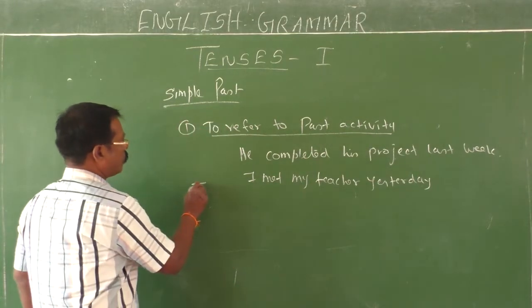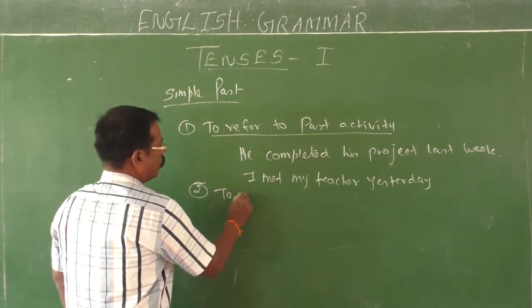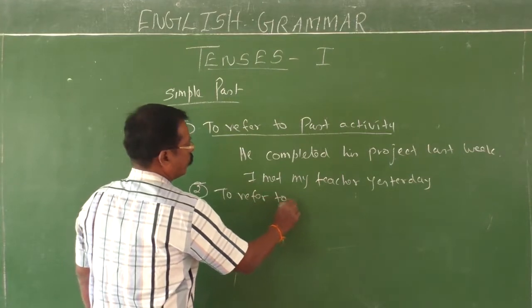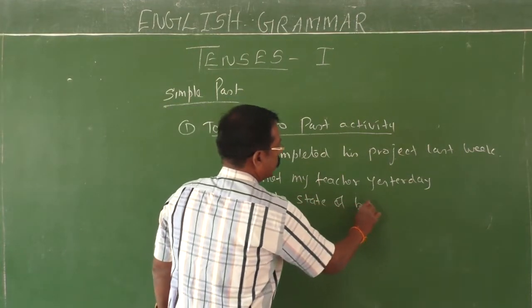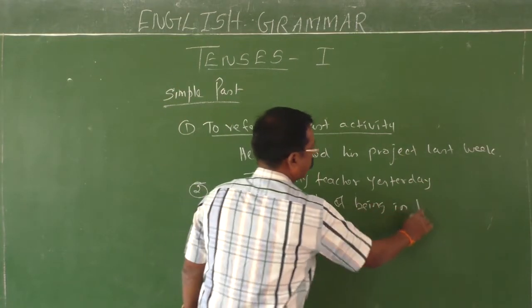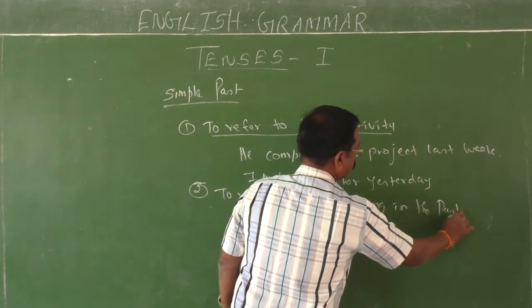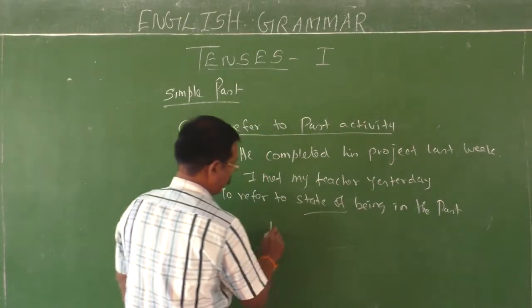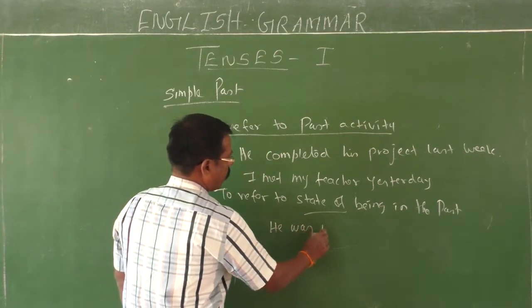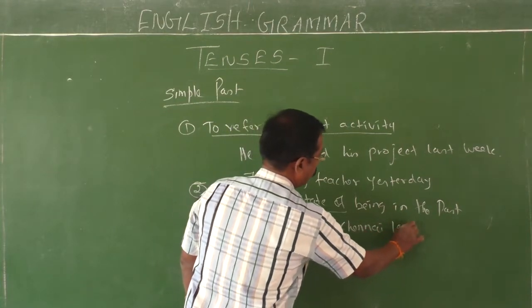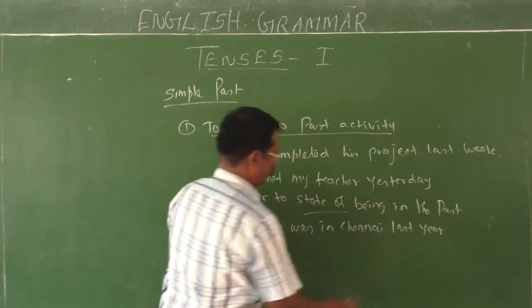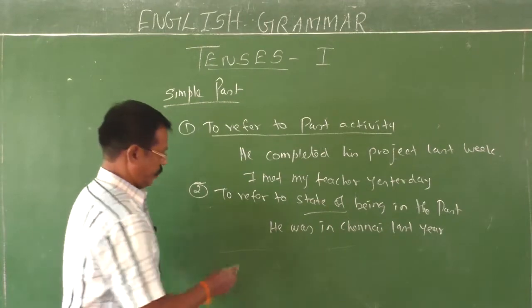Okay, the second use is to refer to state of being. To refer to state of being in the past, we can use this past tense. See, he was in Chennai last year.